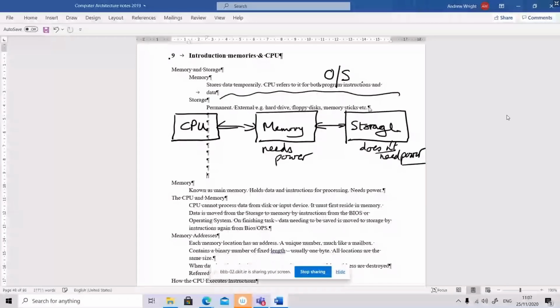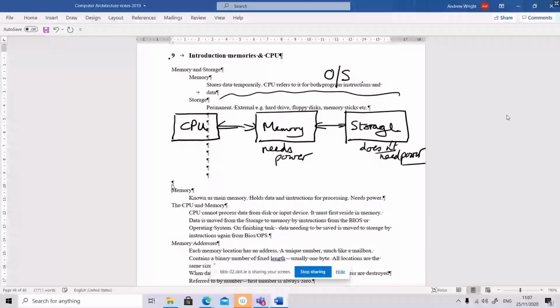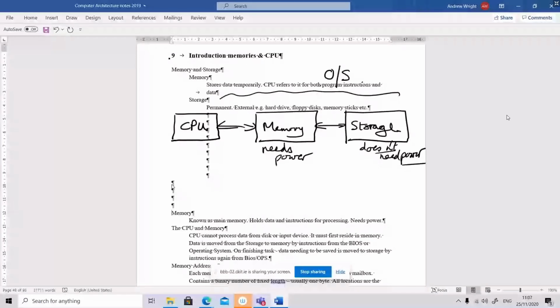The idea is to get the information into the CPU as efficiently as possible. So we have this little hierarchy here, if you like. When you want to do something on a computer, like word processing, you click on Microsoft Word and it opens up.